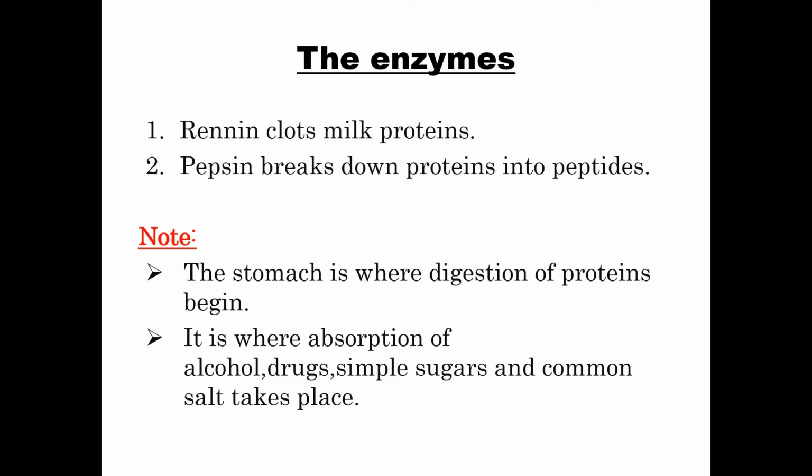It is taken up by the blood, then it takes it to the brain, then a person loses balance and starts staggering and talking in a funny way. Okay? Therefore, absorption of alcohol, drugs, simple sugars, and common salt takes place in the stomach.